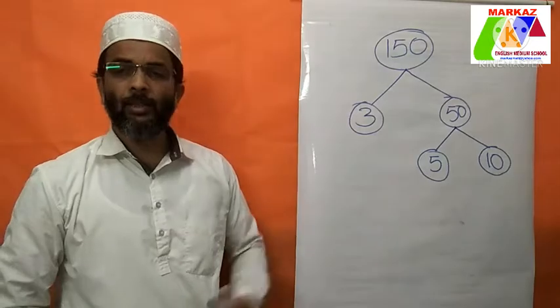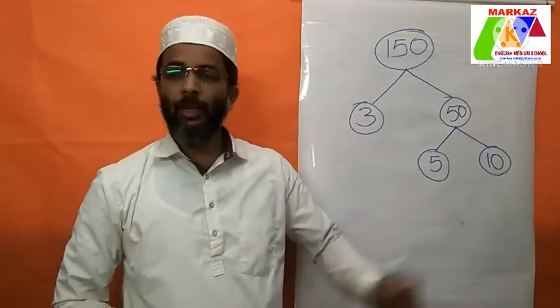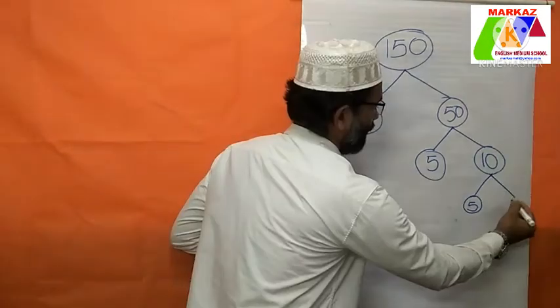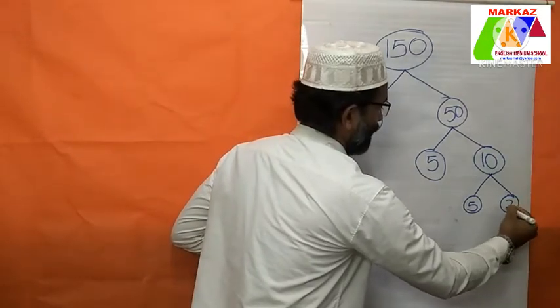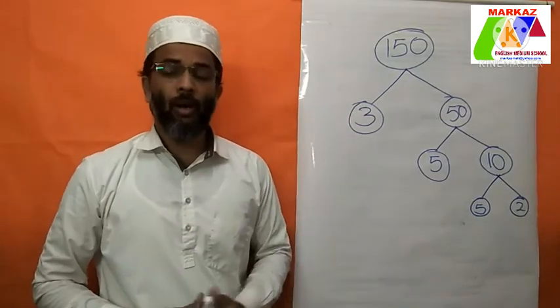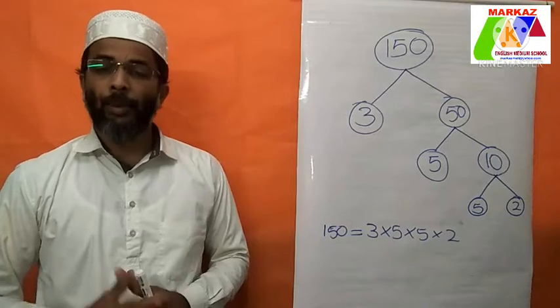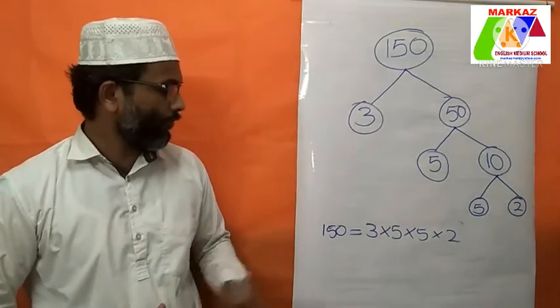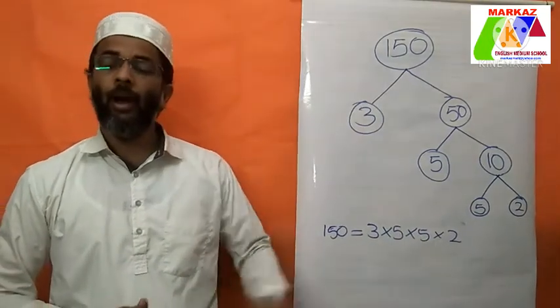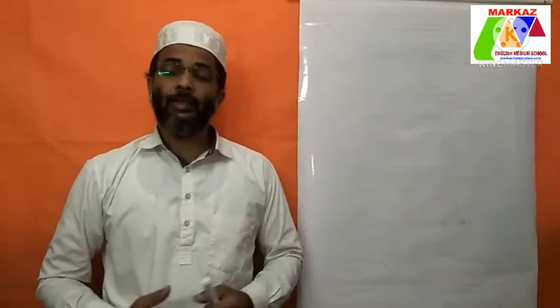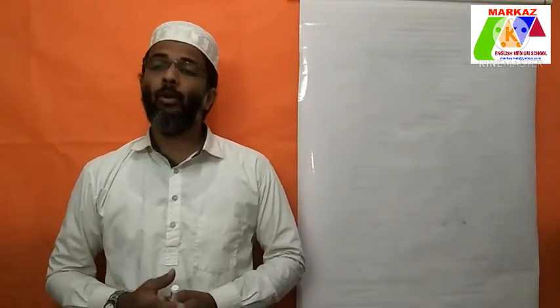Now 5 is a prime number. 10 is a composite number, so factorize 10. 5 and 2 are prime numbers. The prime factorization of 150 is 3, 5, 5 and 2. Is it clear? Let us learn and practice more about prime factorization.